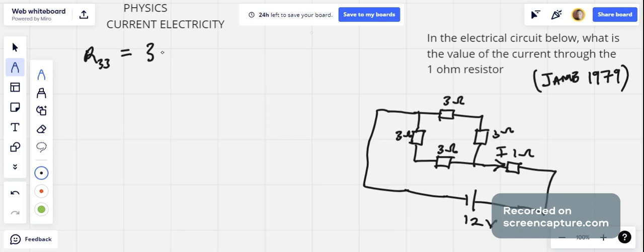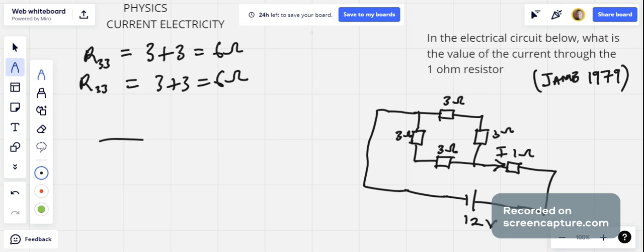The equivalent there will be 3 plus 3, which equals 6 ohms. Same for the second R33: 3 plus 3 equals 6 ohms. So I'll redraw this circuit now.